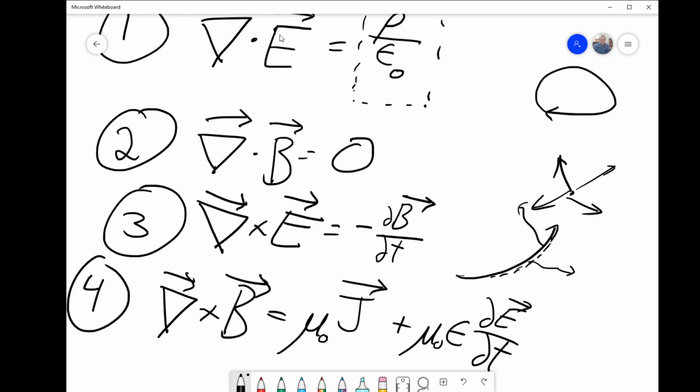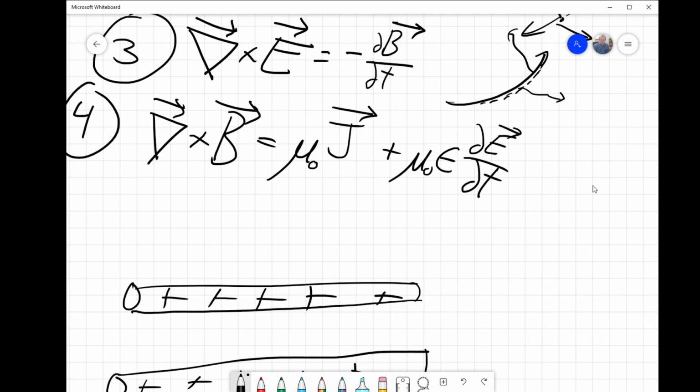We've got an electric field that diverges according to how densely packed the charges are. And we've got a magnetic field with a curl that is going to depend partly on current flow. We know that current produces magnetic fields, so it makes sense that current flow would be in there, and on the change in the electric field.